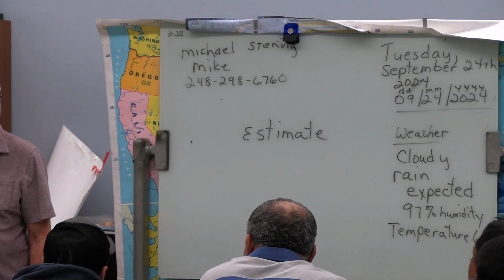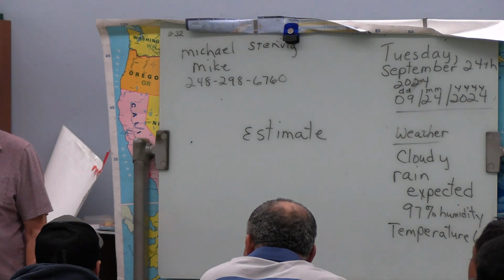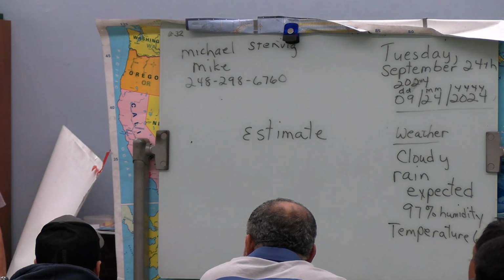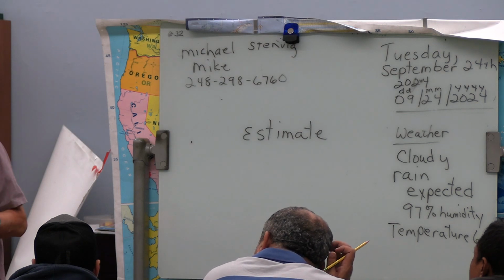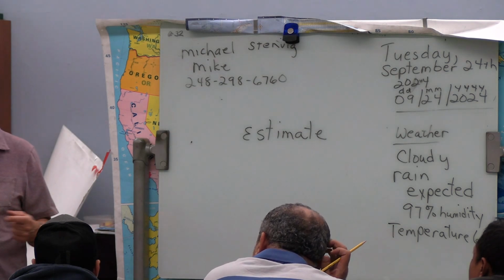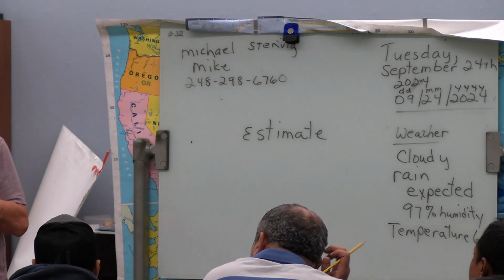If it's really bad and it's snowing, even more. So we estimate. When you go to the store and you say, I need money, if you're using cash, you say, how much money will I need to pay for my groceries? So you estimate, I need about this much. So that word about.